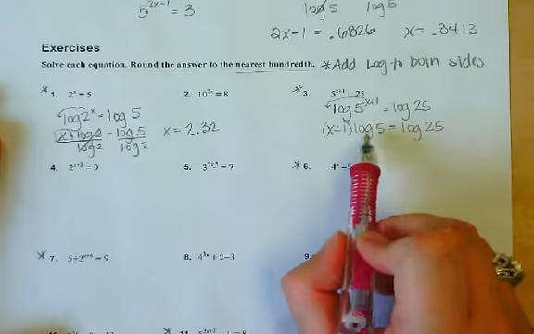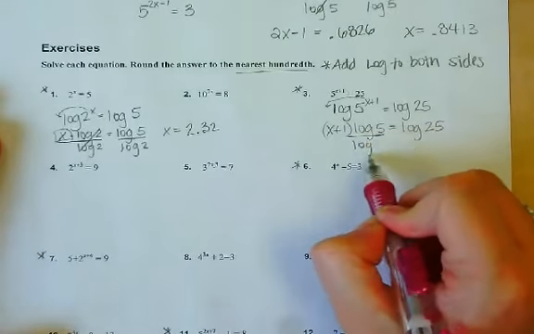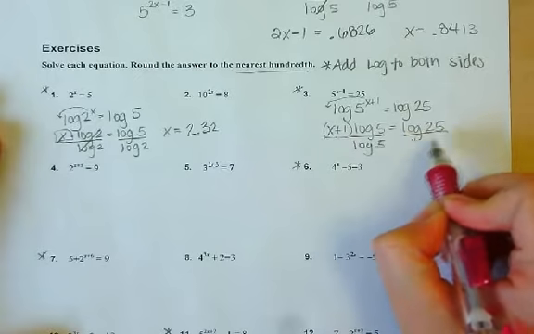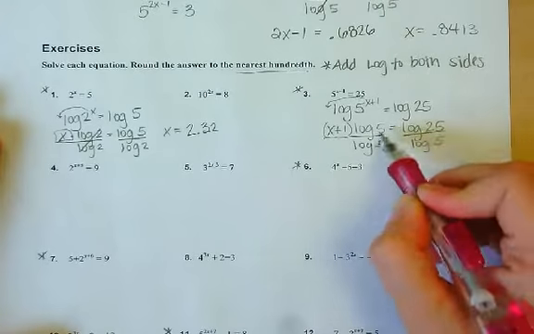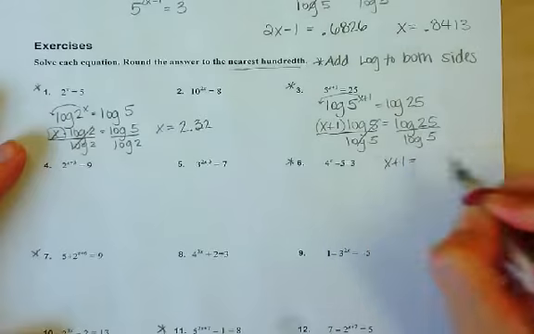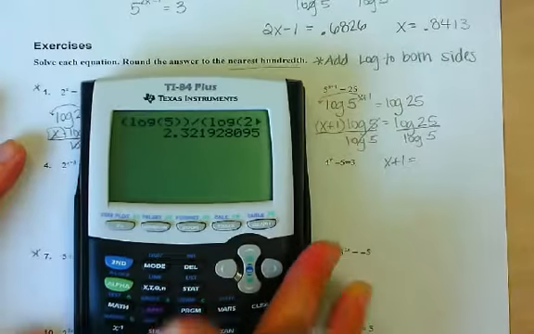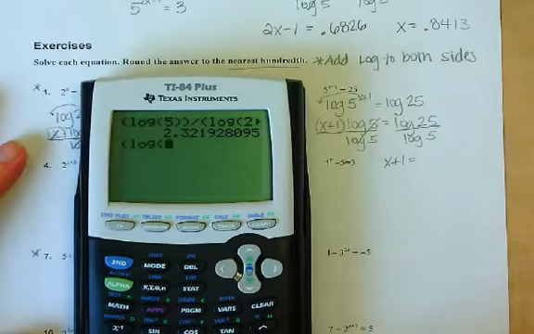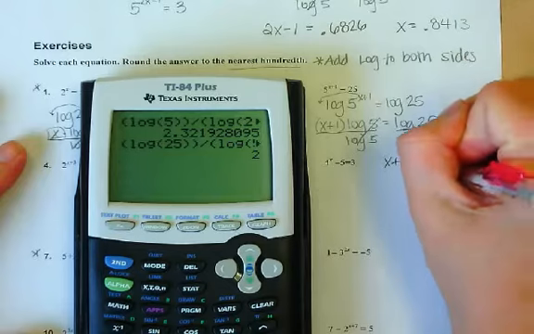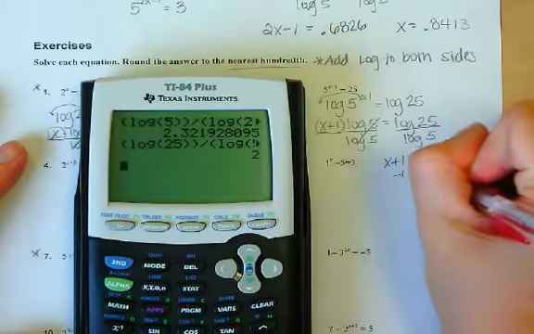So I'm going to divide by log of 5 on both sides. I'm now left with x plus 1 is equal to, and I need to compute a value for log of 25 divided by log of 5, which gives me a solution of 2. Now I'm going to subtract 1 from both sides. So x is equal to 1.